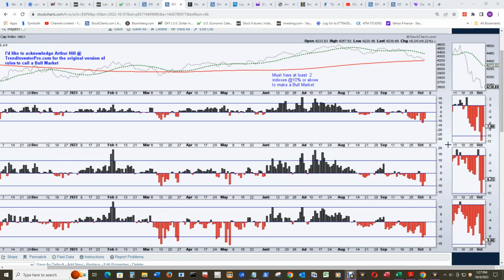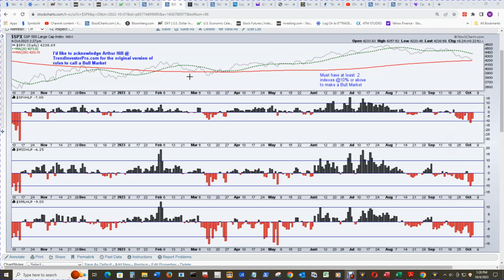I have to give it a full day to settle and make sure there's no changes, so it's been about a day and a half trading days, and you can see that the small cap went down under 10 and the large cap went under 10 and the mid cap almost went under 10.